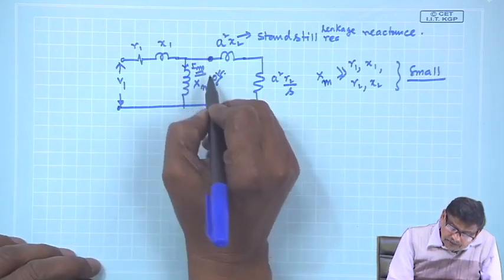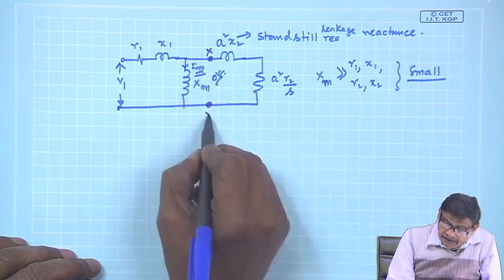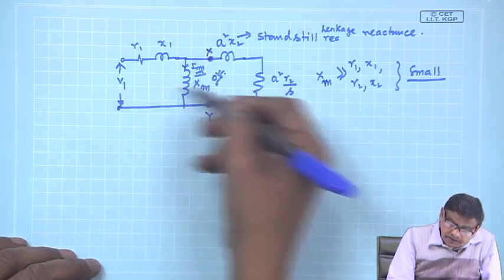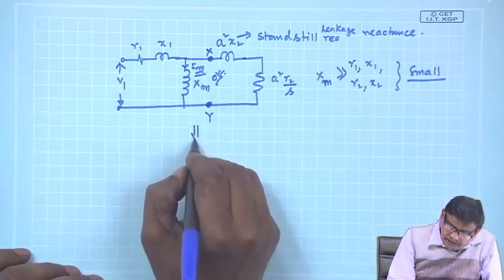Now, mark these 2 points, say x and y, and look into this circuit.